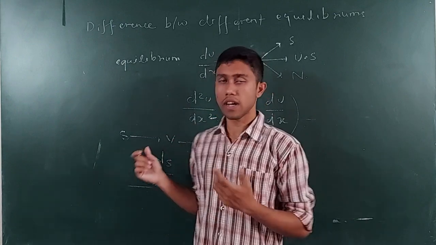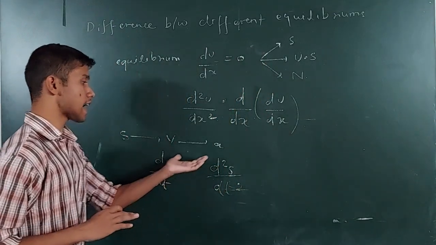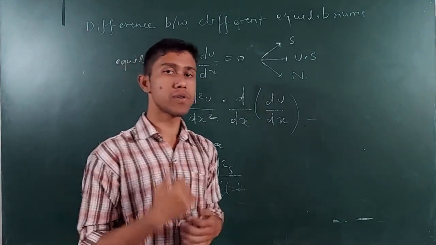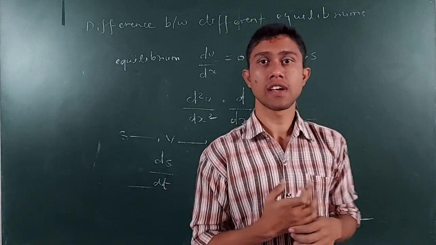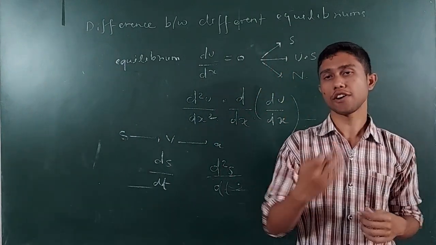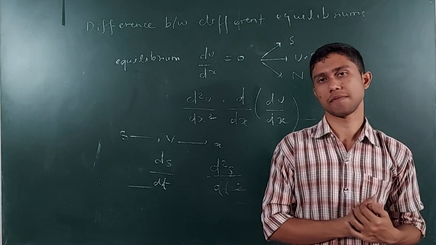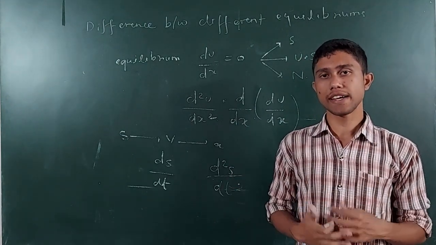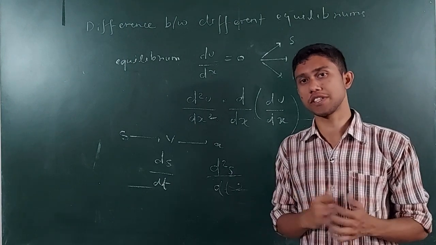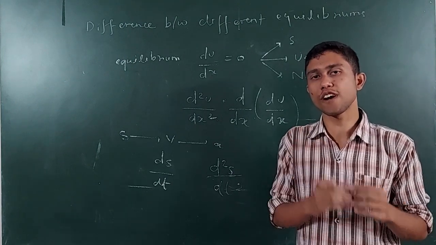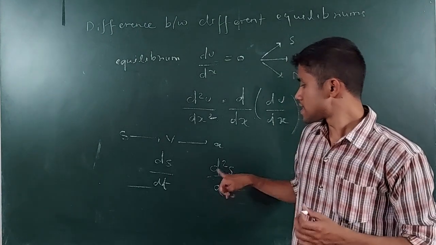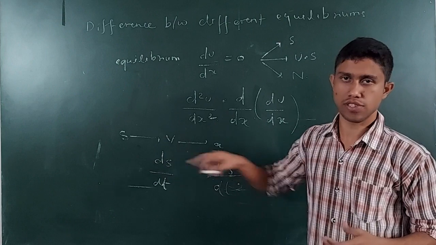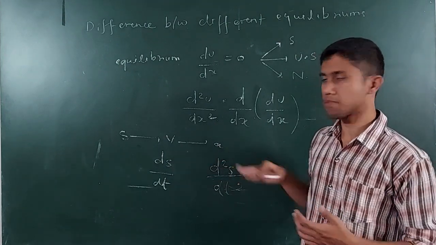Acceleration is nothing but the rate of change of velocity, or it can be told as the rate of change of rate of change of displacement. It is somewhat difficult to understand, but single differentiation of displacement gives me velocity, and double differentiation of displacement gives me acceleration.